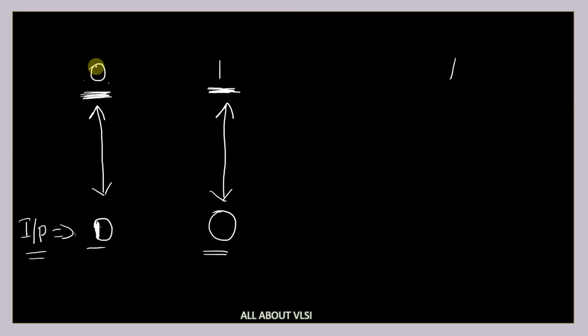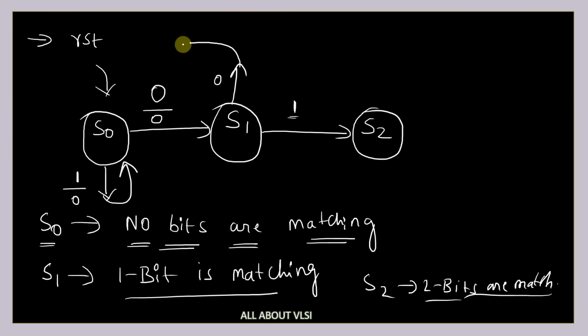Because you can see the sequence is: first we need to give 0, next we need to give 1. First we are giving 0, but next instead of giving 1, we are going to give 0. So nowhere is there a chance to build this sequence again. That's why no bits are matching, and that's the reason you're going simply to S0 state. Is it clear how you are detecting it?